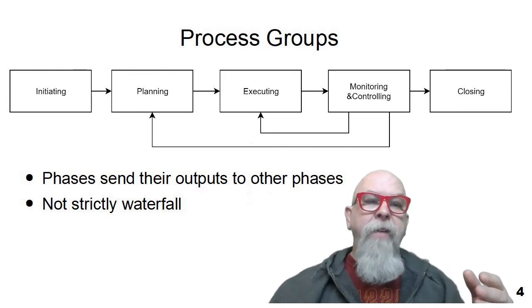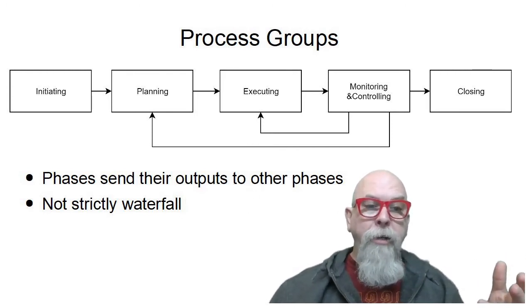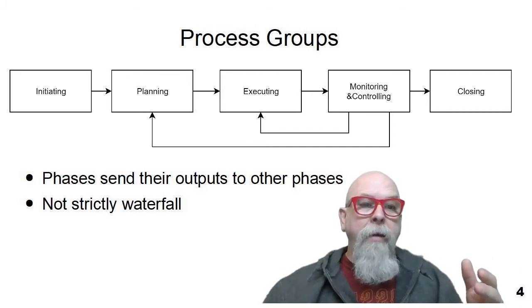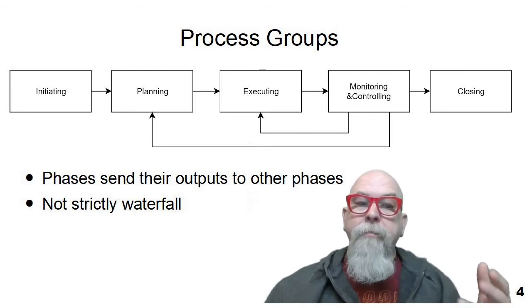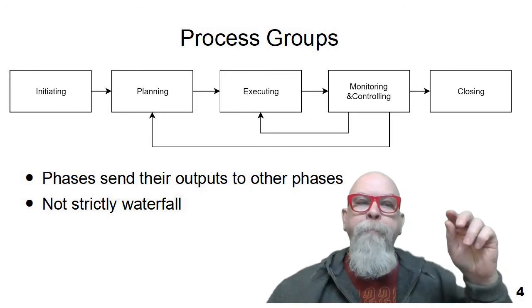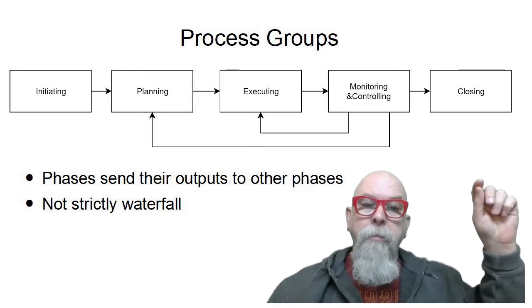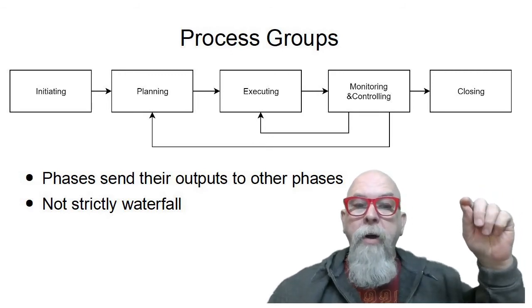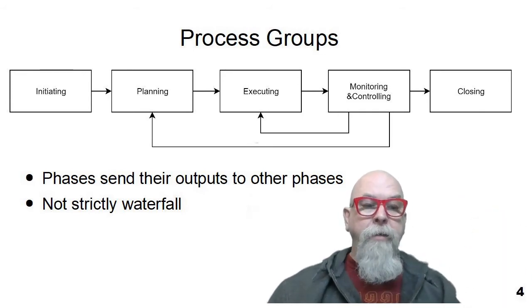We may find that while we're executing a project, we have to go back and maybe replan something, maybe because of a change order or because of a lack of planning. We never want that to happen, but it does sometimes. So remember that we go from process group to process group, but it's not always waterfall, and that outputs from one process group become the inputs to the next process group.